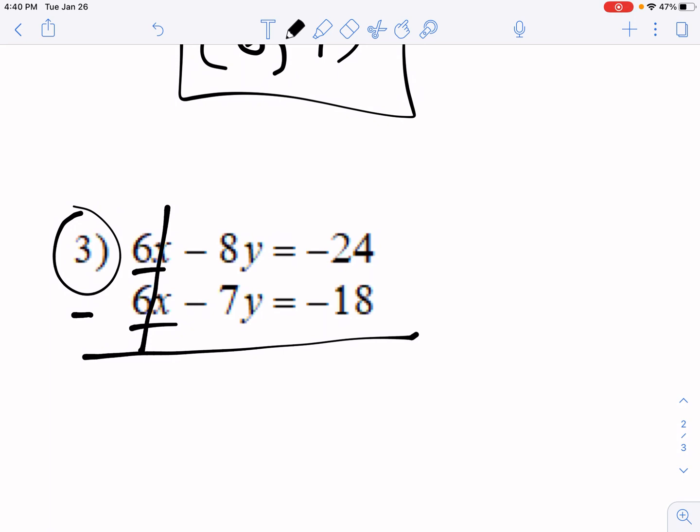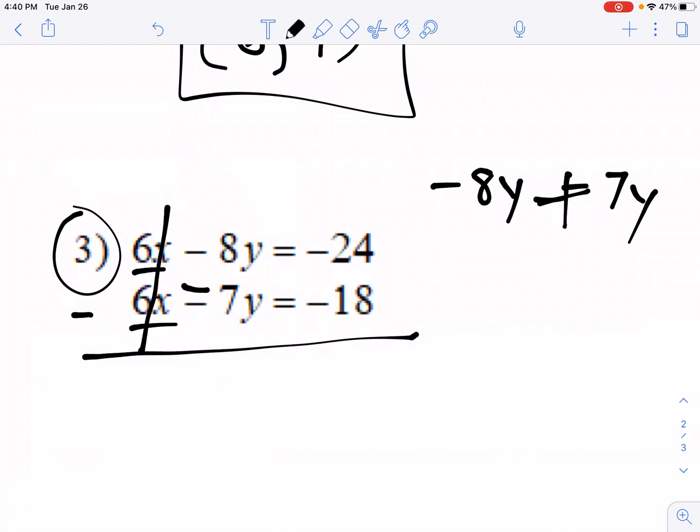If I take a negative 8y minus a negative 7y, remember that when we subtract a negative, that really means addition, okay? So we have a negative 8y plus a 7y. Well, 8 minus 7 is 1.